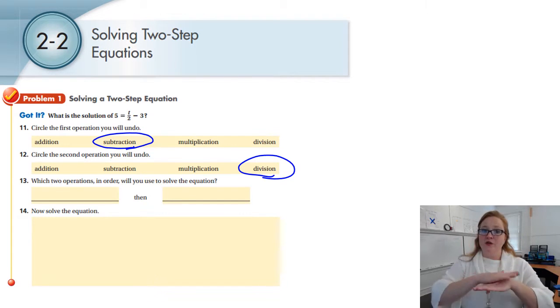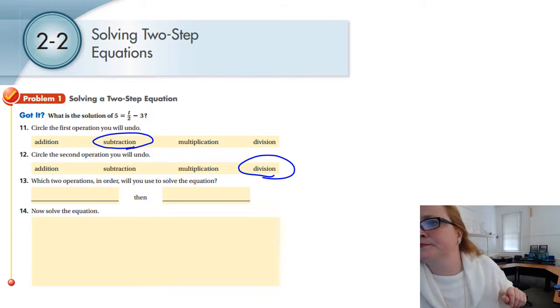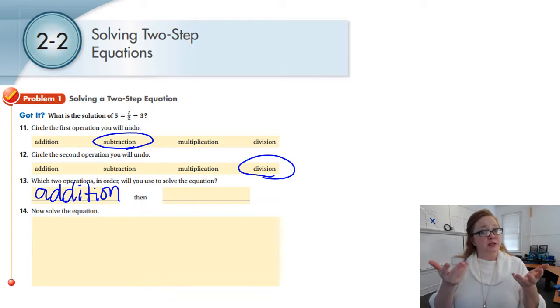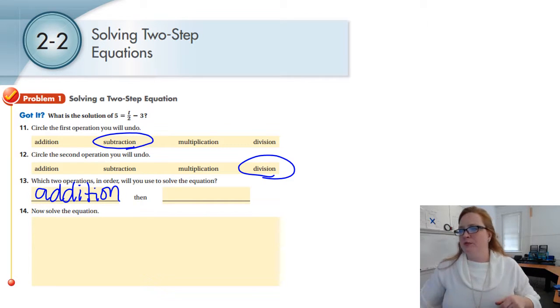First, we're going to focus on subtraction. The opposite of subtraction, addition. Then the second operation we will focus on is division. The inverse of division is multiplication.